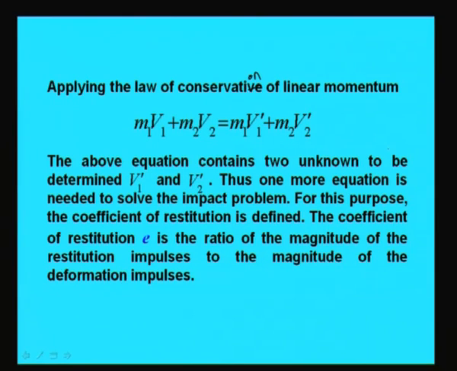Another equation has to come from the kinetic energy consideration, besides the momentum equation. If the body is perfectly elastic, then the kinetic energy must remain conserved. So we can write that equation also, with the initial kinetic energy and then the final kinetic energy.